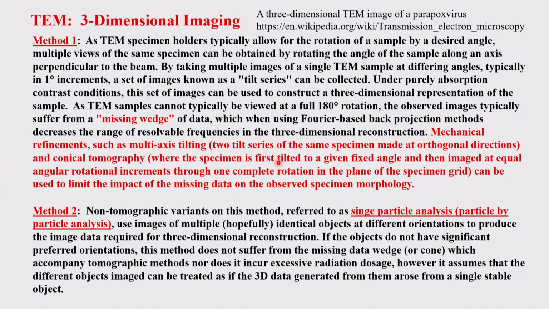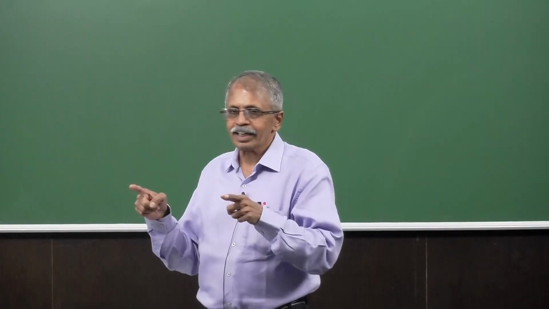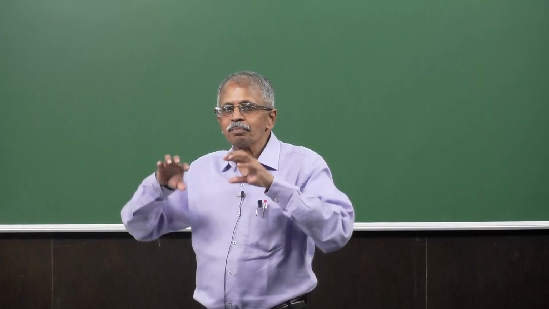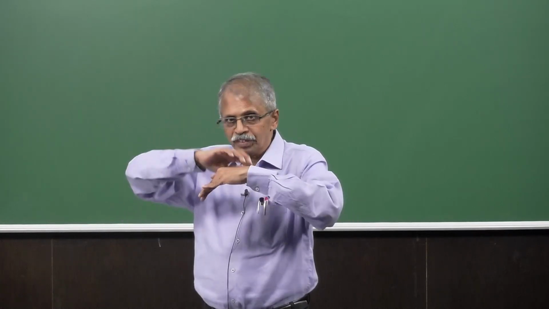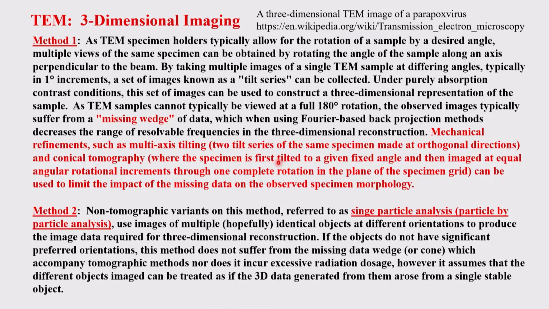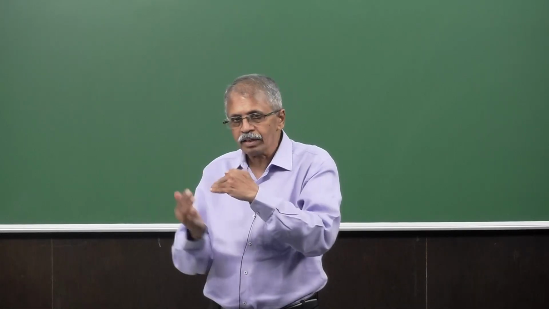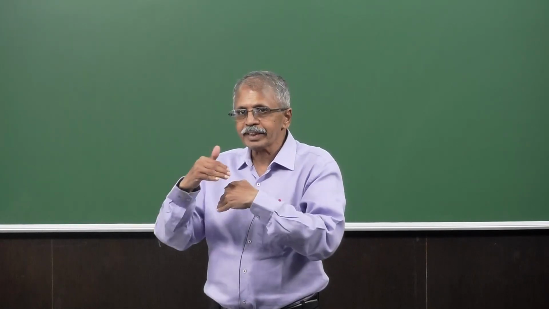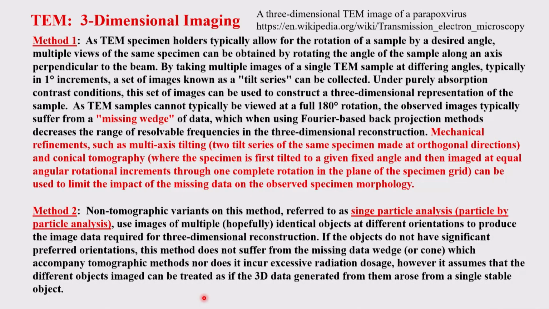At times you don't have full data collected, for example, you cannot go up to 180. So that will give some kind of missing edge information in your image profile. Because if the image profile has full data throughout the 180 degrees, it will give the complete one. If some of the data is missing, obviously you will have something called a missing wedge of the data.